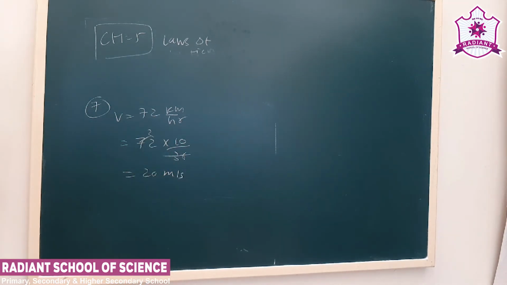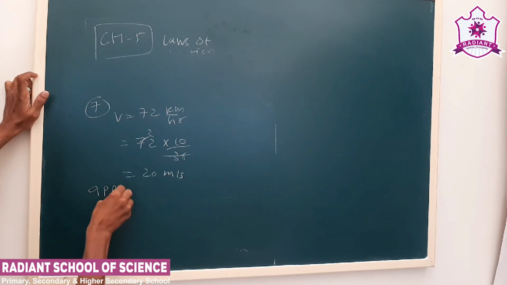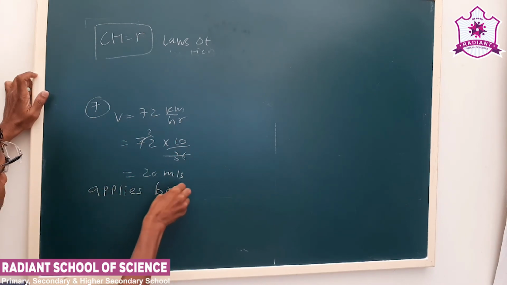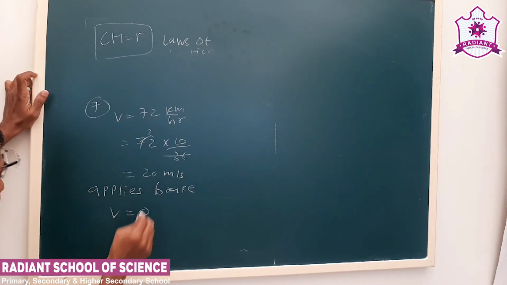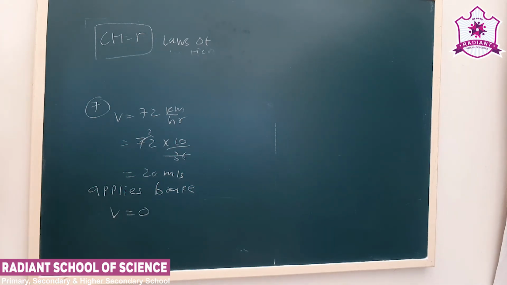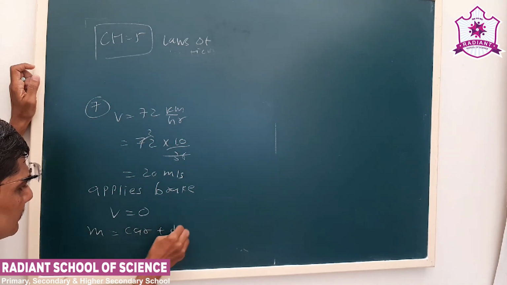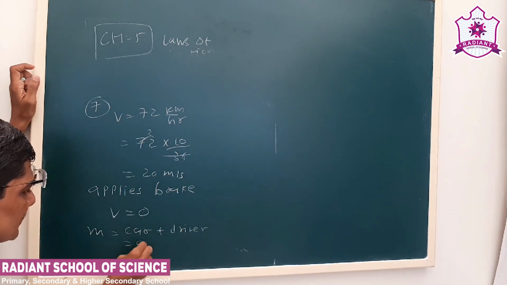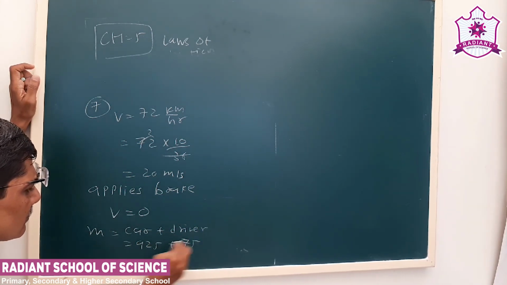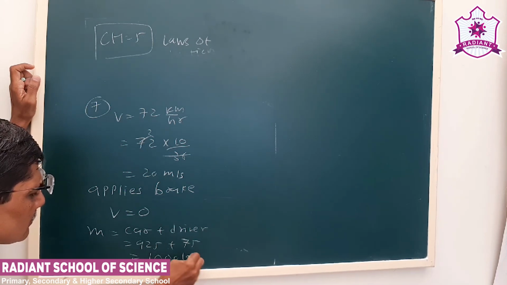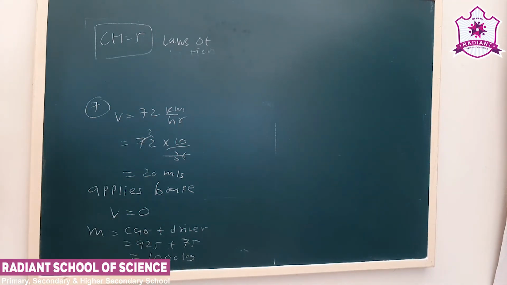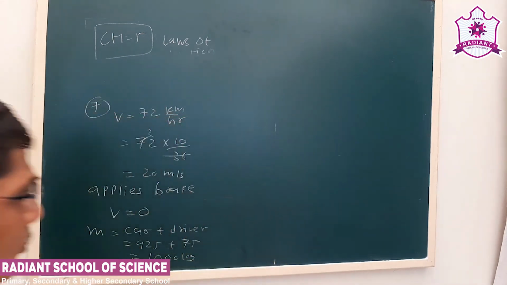Okay, applies brake and stops, so the final velocity becomes 0. See, mass of the car plus driver is given. Okay, what is the acceleration produced, or what is the force acting?